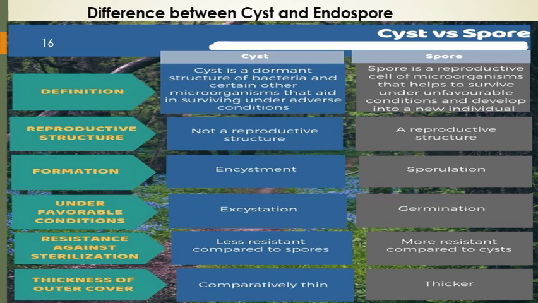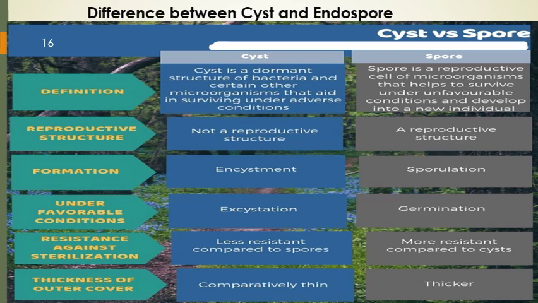Further, encystment is the process of formation of cysts, while sporulation is the process of formation of spores. Therefore, we can consider this also as a difference between cyst and spore. Further, cyst formation predominantly occurs under different types of adverse environmental conditions, but sporulation mainly occurs under nutrient deprivation.